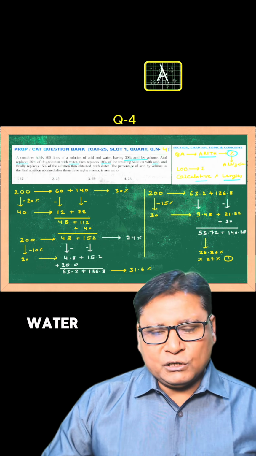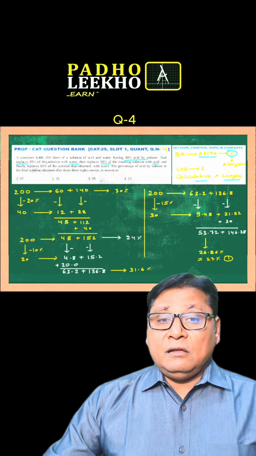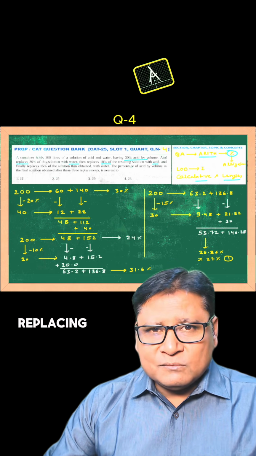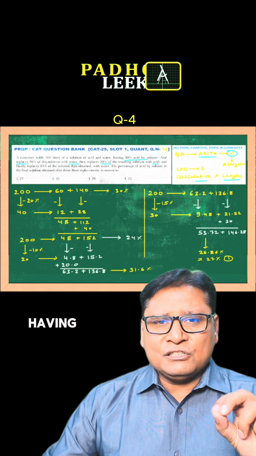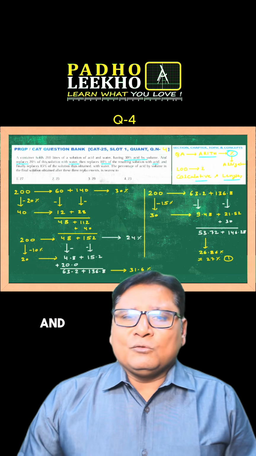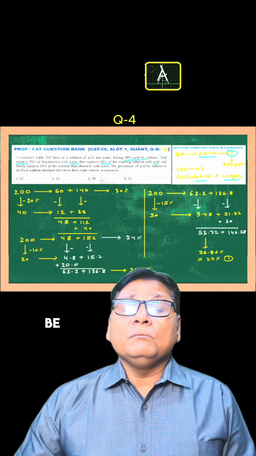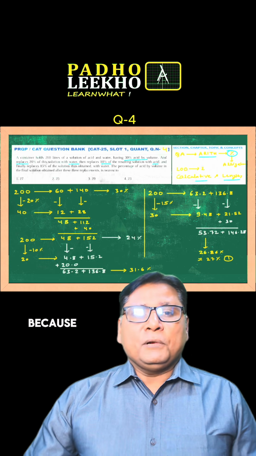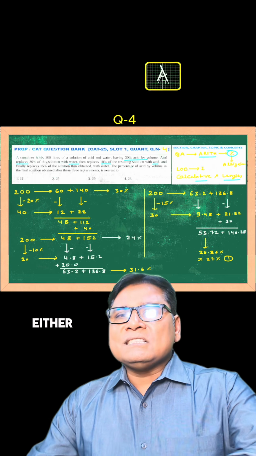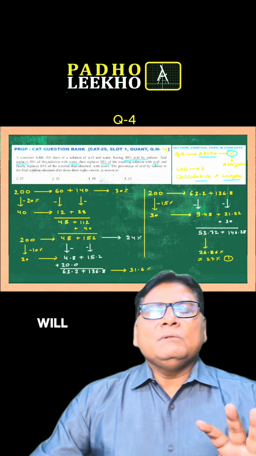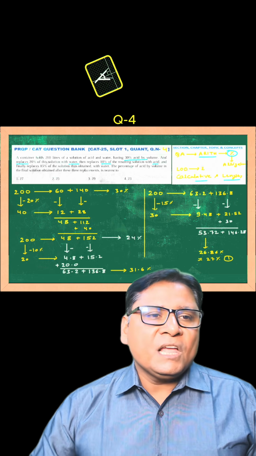Means 2 times with water, 1 time with acid. Thank God it is not replacing with another liquid having some percentage of acid and water. Otherwise, it will be a bit more calculative. Because all replacement is done by either water or acid, it will be a little easier.